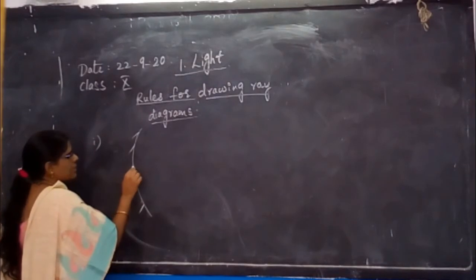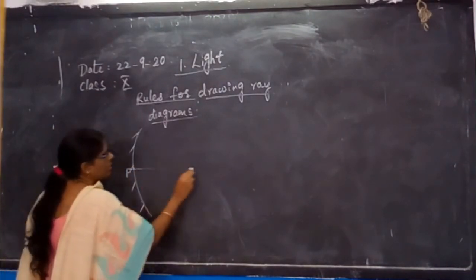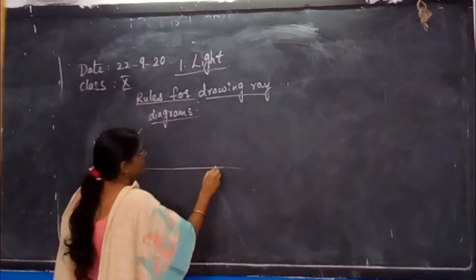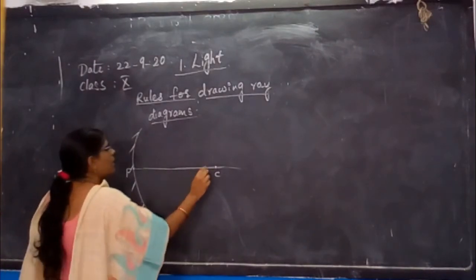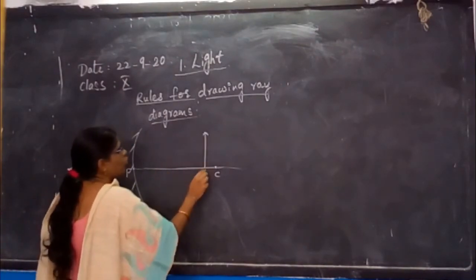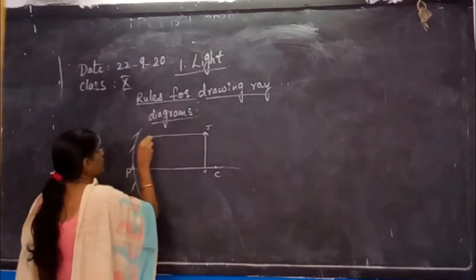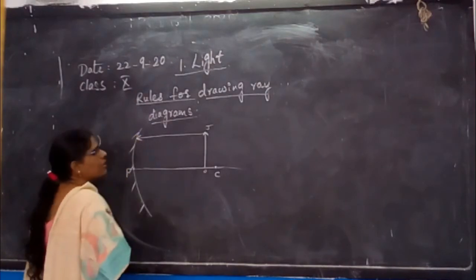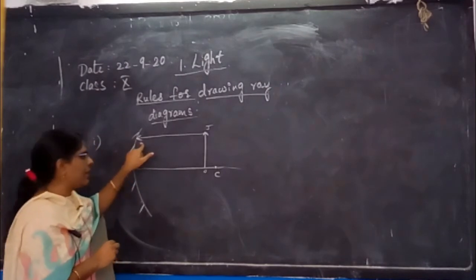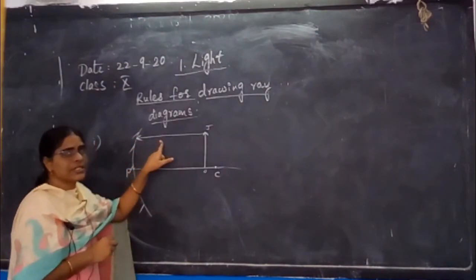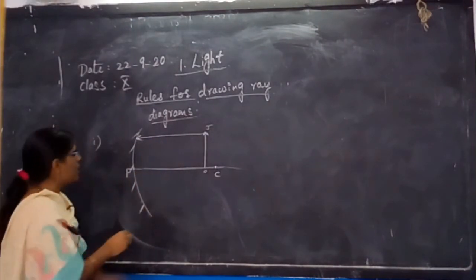First rule is, this is a concave mirror. This is my pole. This is the principal axis. Now what I am doing? An object is placed on the principal axis. From the object, the light rays are falling onto the mirror. This is the incident ray. Is it parallel to your principal axis? Yes.